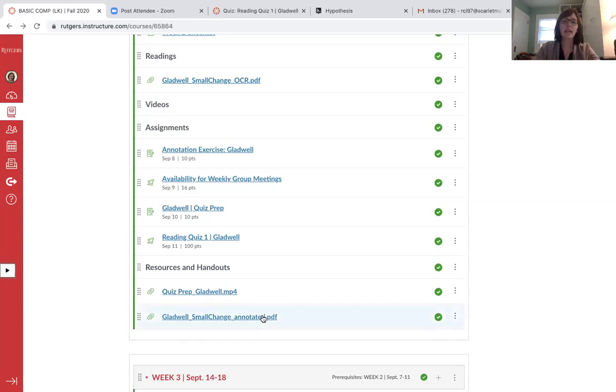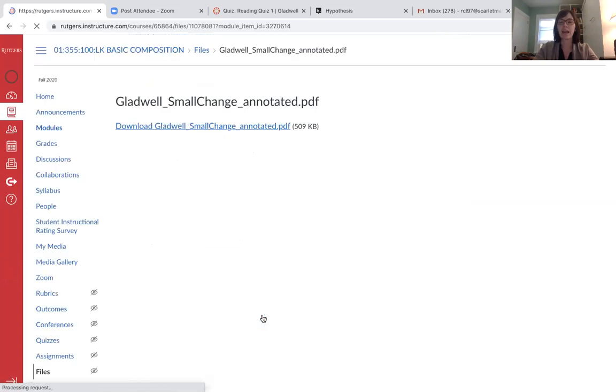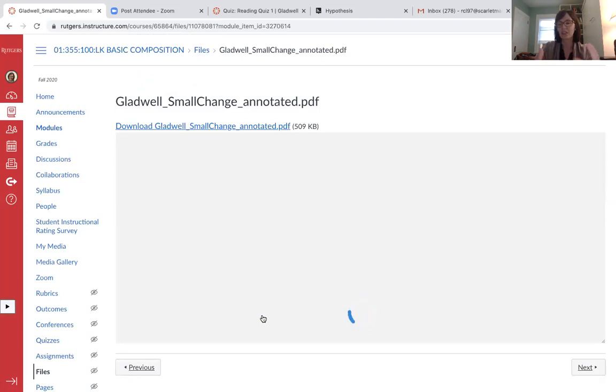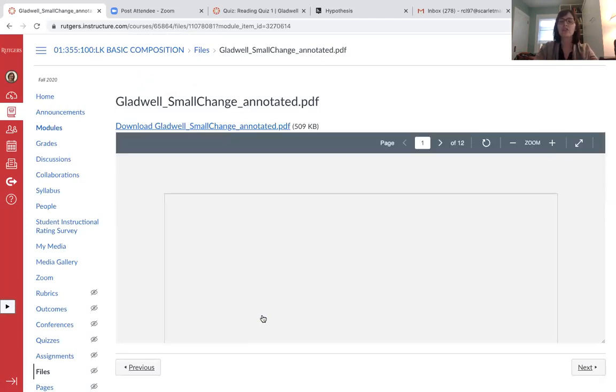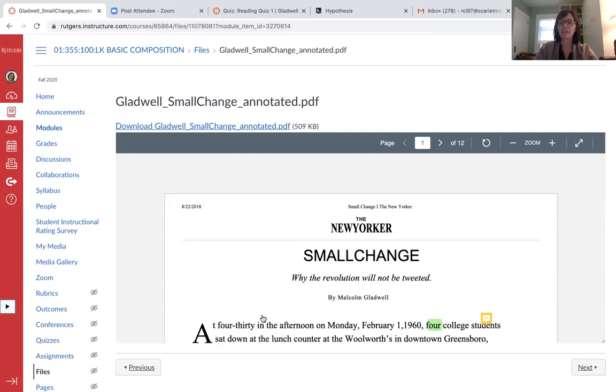Okay, so this is intended then as kind of a model or sample of what annotations can look like. And just note that these annotations are actually ones I made on a second or third reading, right? So a lot of the annotations kind of mark out what Gladwell is doing in any given paragraph, right?